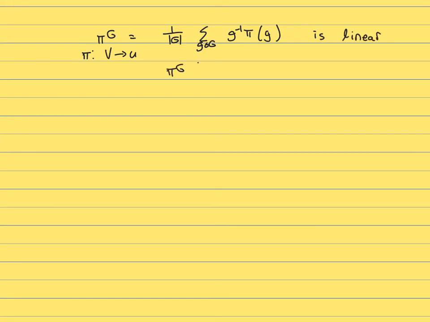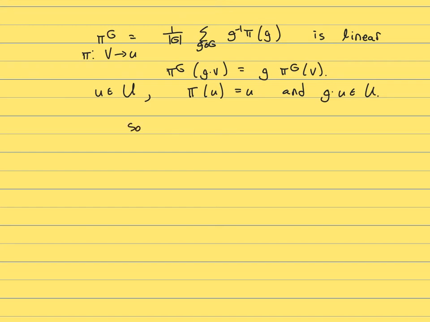And pi_g of g dot v is equal to g applied to pi_g of v. Moreover, if you take an element u in the vector space U, pi of u is equal to u by the definition of how projections work. And g dot u is always an element in the subspace U, because U is supposed to be a submodule.